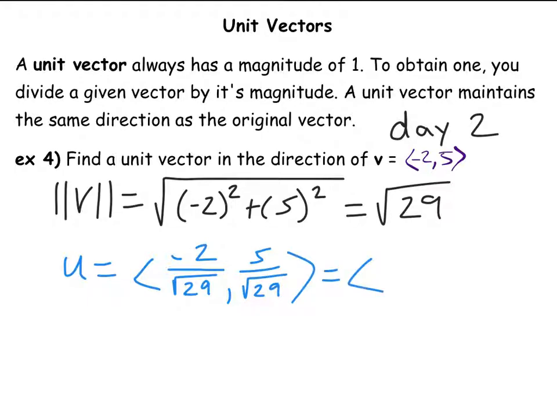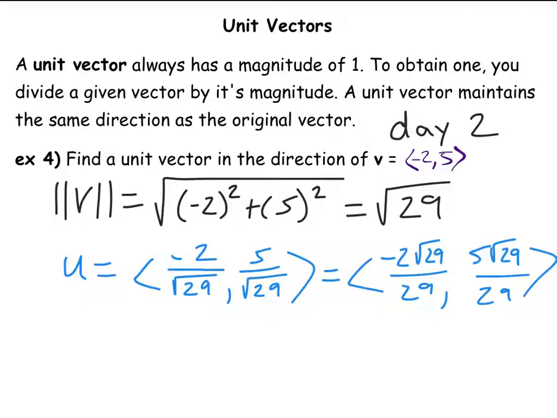If I were to rationalize it, I would have -2 square root 29 over 29 and 5 square root 29 over 29. That's really all there is to getting a unit vector.